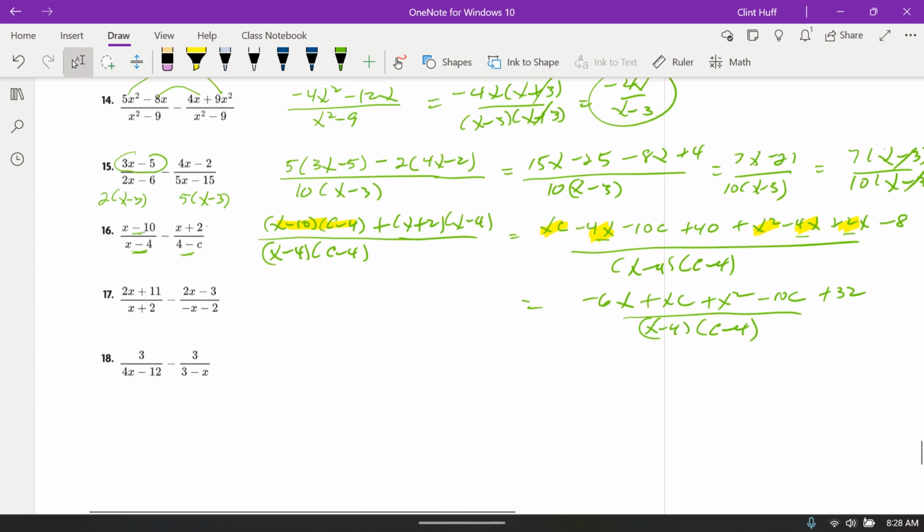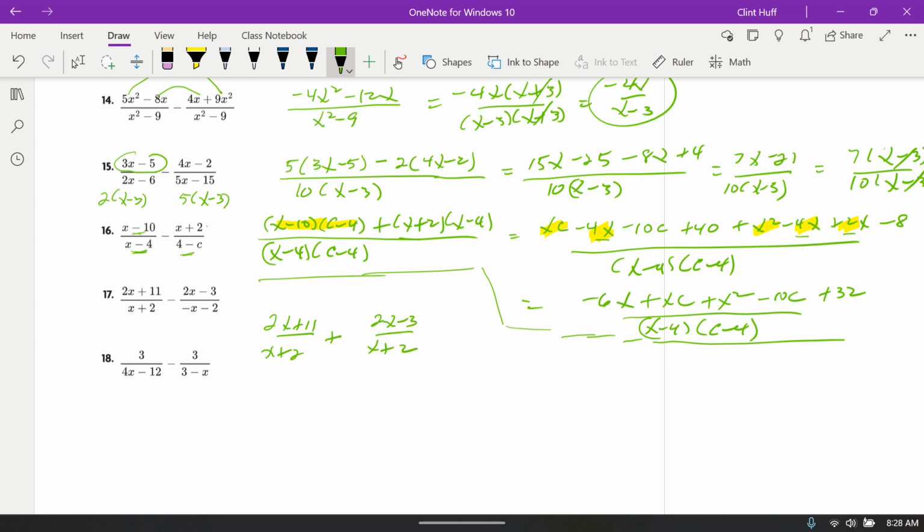All right, number 17. I'll box this off a little bit. What I'm going to do right away on this one, notice I have an x plus 2, but the denominator in the second one is negative x minus 2, which is the opposite. I would change that to 2x plus 11 over x plus 2 plus 2x minus 3 over x plus 2.